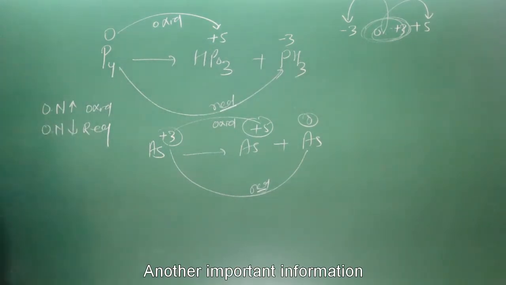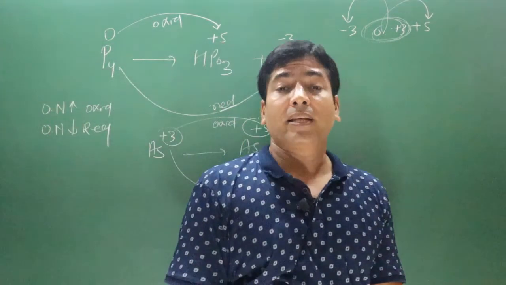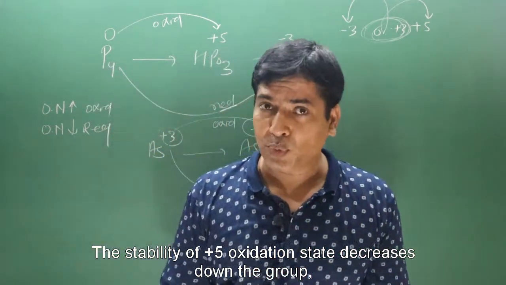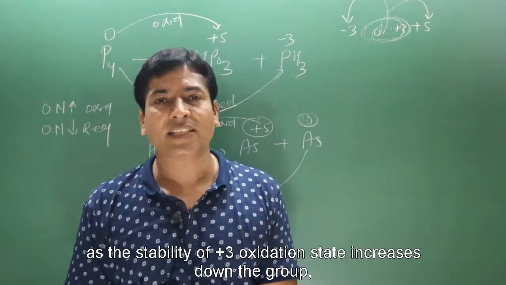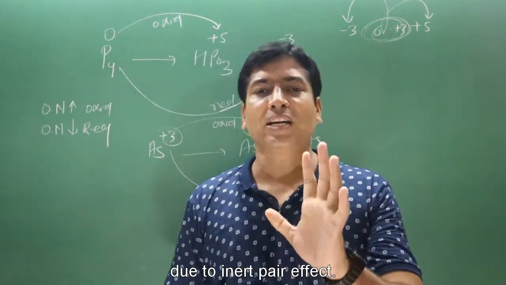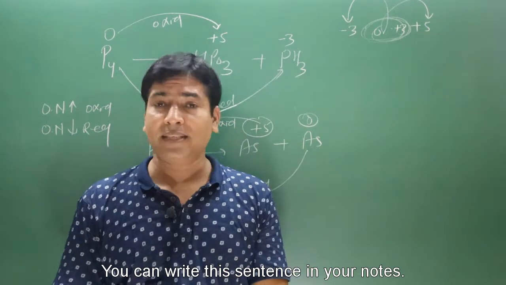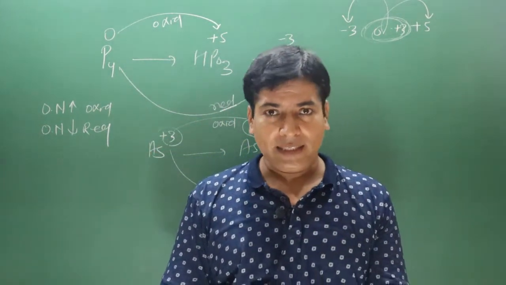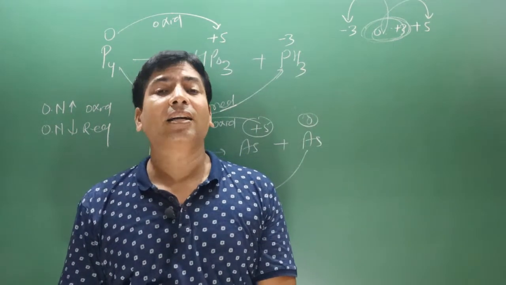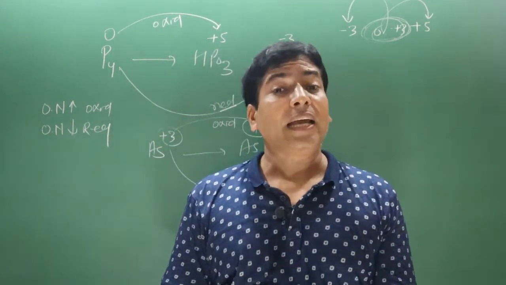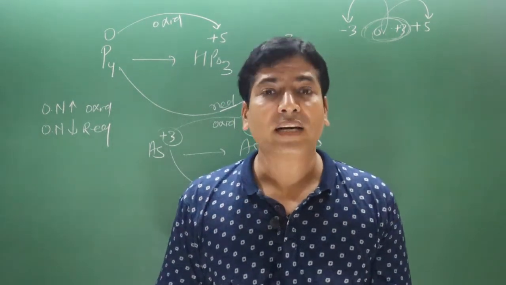Another important piece of information to always keep in mind: the stability of +5 oxidation state decreases down the group, and the stability of +3 oxidation state increases down the group, due to inert pair effect.